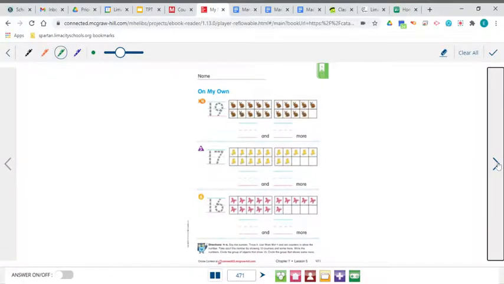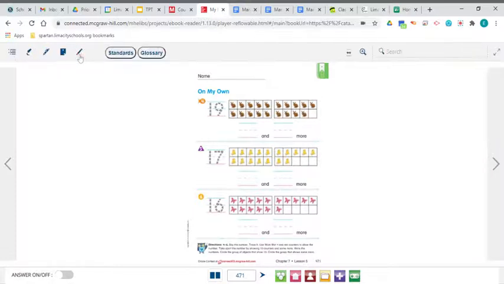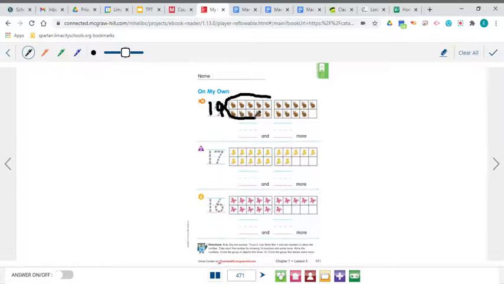All right, going on to page 471. Let's go ahead and look at number 4. Looking at number 4, go ahead and trace the number 19, okay? Trace that number 19. And then circle the 10 frame that shows 10 bunnies. Circle those 10 bunnies for me. And then go ahead and write the number 10.